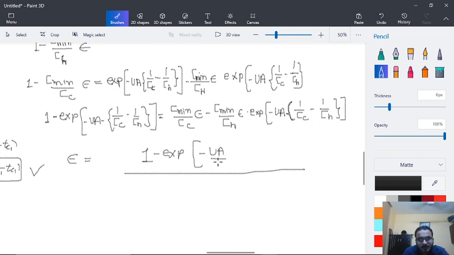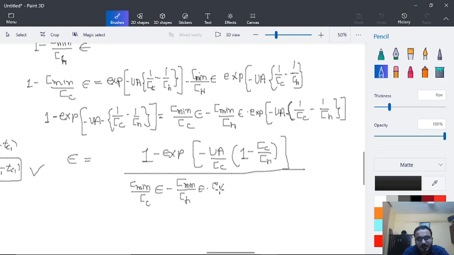Let's take Cc common here, so upon Cc into (1 minus Cc upon Ch) divided by C minimum upon Cc epsilon minus C minimum upon Ch epsilon into exp into minus UA upon Cc into (1 minus Cc upon Ch).